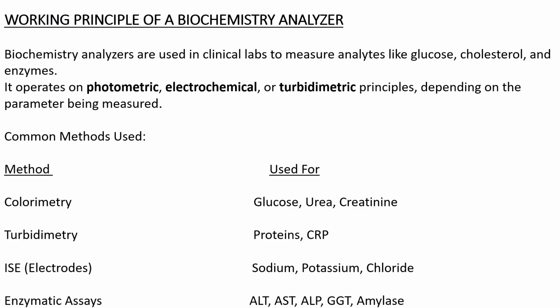It will only allow the sodium ions to pass through. So when a sodium ion passes through, there is a voltage change. That voltage change is measured, and it is directly proportional to the concentration of the particular analyte in the solution.